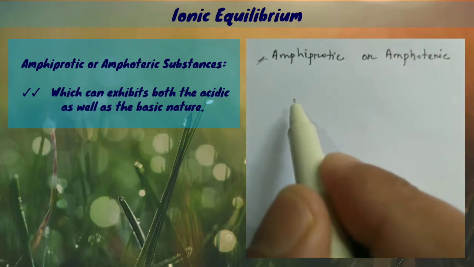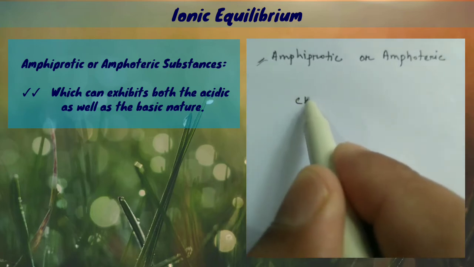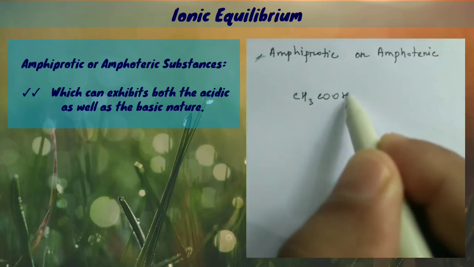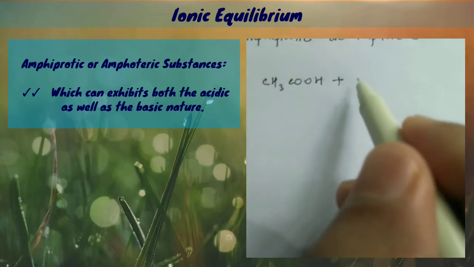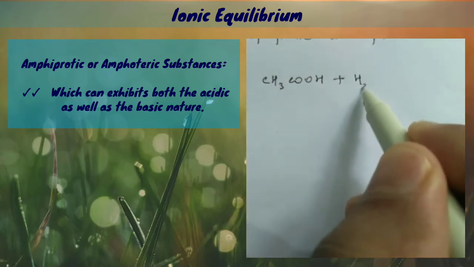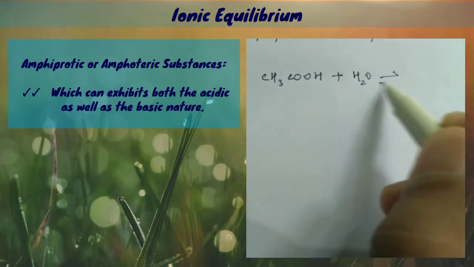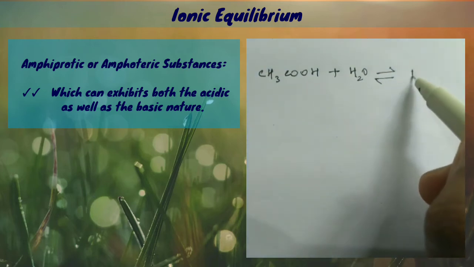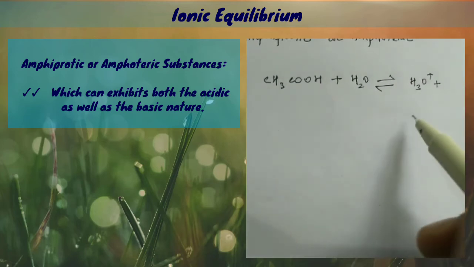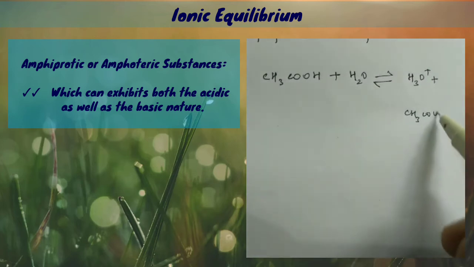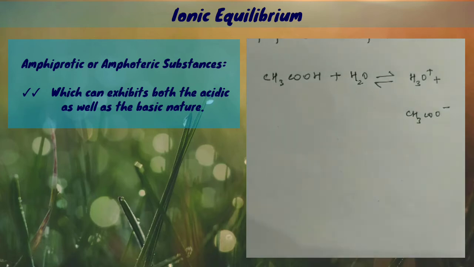Okay, so here let's suppose this is your CH3COOH. Suppose we add the acetic acid in water. It will give you H3O positive plus CH3COO negative. Understand?